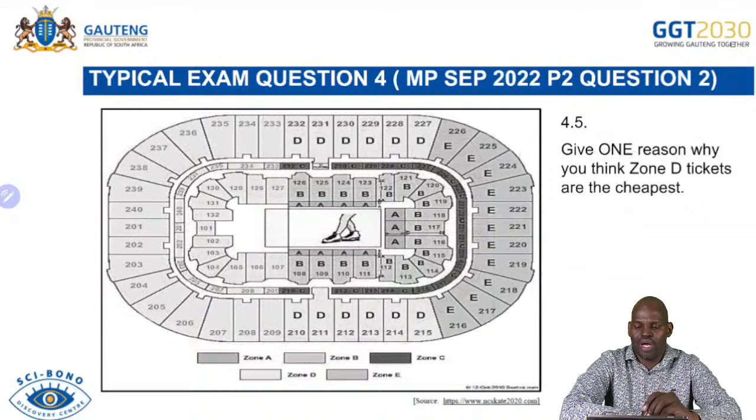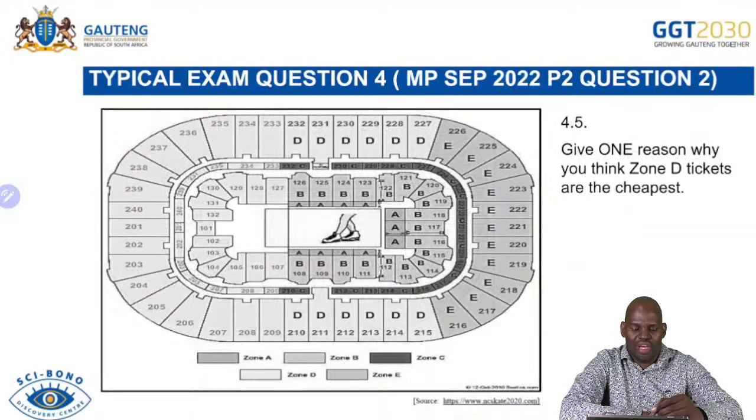Why do you think this zone will be the cheapest? It might be that the view is not clear from the stage. When you look at the stage, you might not see properly, or any other reason.